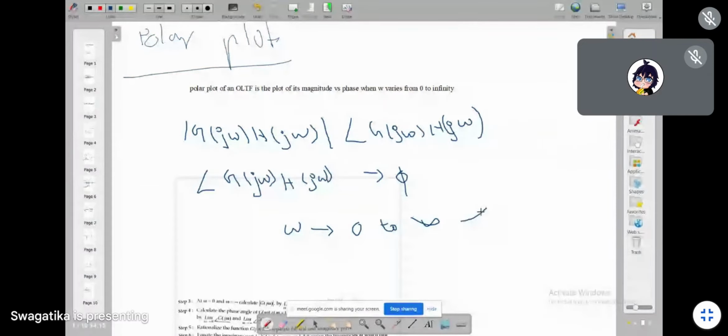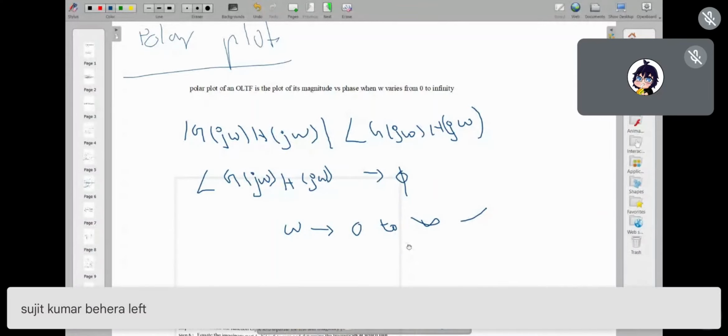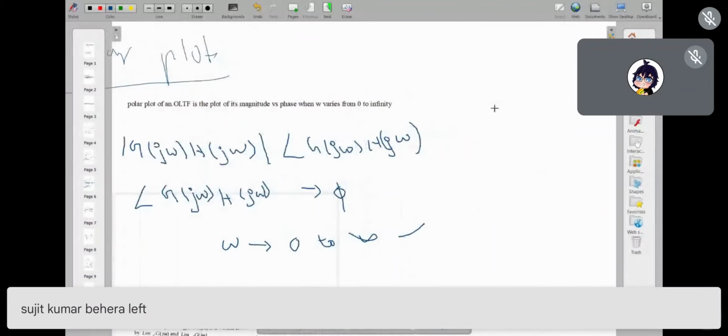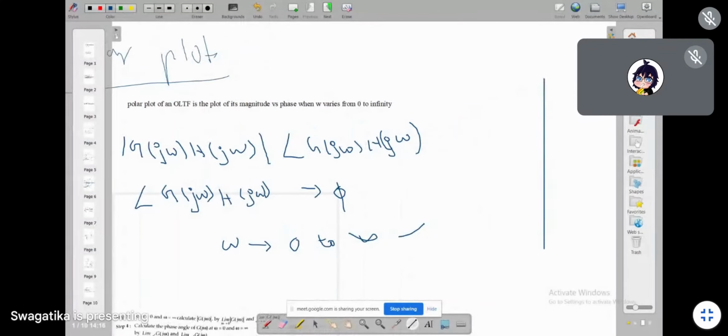So in the polar plot, you will see the measurement. This is your imaginary axis, and this is your real axis. Okay, for the phase angle, this is 0 degree.